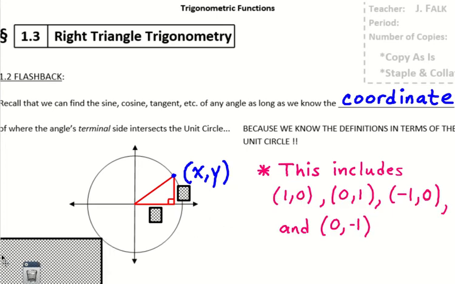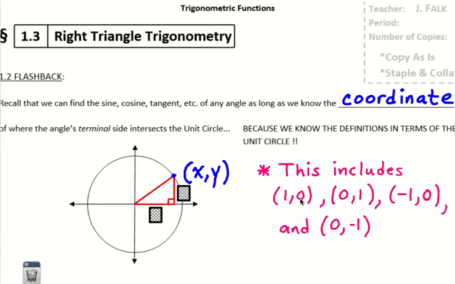This includes the really nice coordinates of 1, 0, which would be for 0 degrees, and 0, 1, which would be the unit circle coordinates for 90 degrees. -1, 0 would be the unit circle coordinates, of course, for 180 degrees, and so on. So these would be the really nice coordinates on the unit circle.